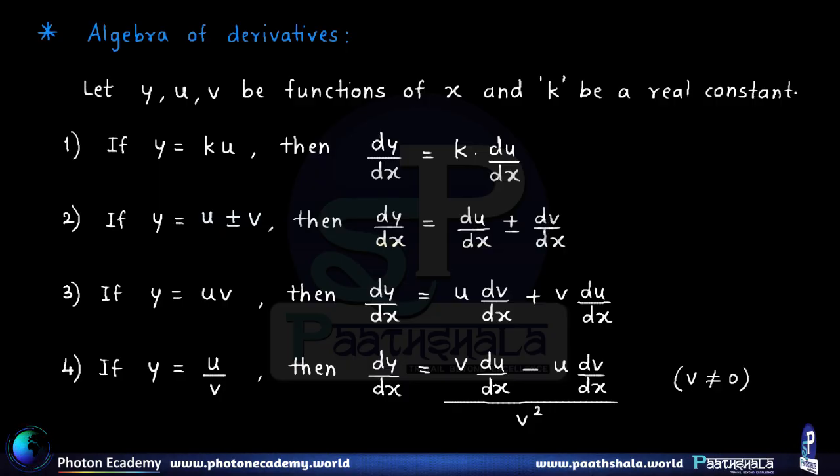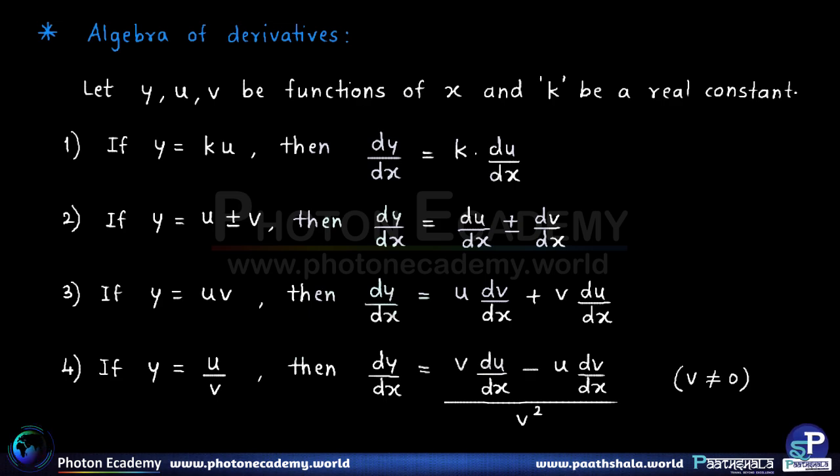Now secondly, if y is equal to u plus or minus v, then dy by dx is also equal to du by dx plus or minus dv by dx. Next is y is equal to u into v. So here it is the product of two functions. Now remember that the derivative is not just the product of derivatives.